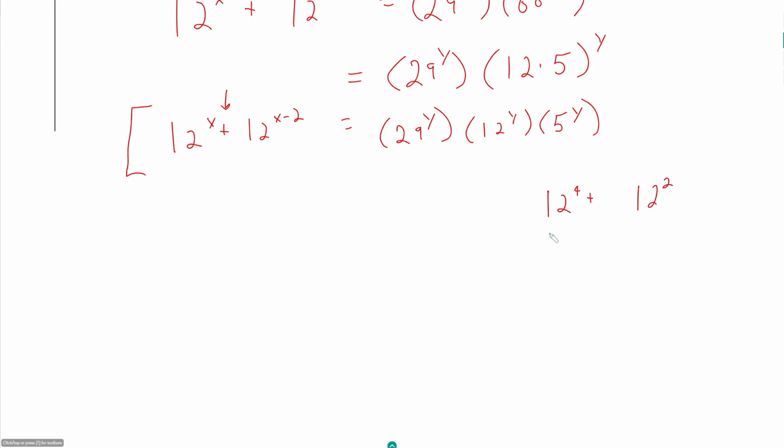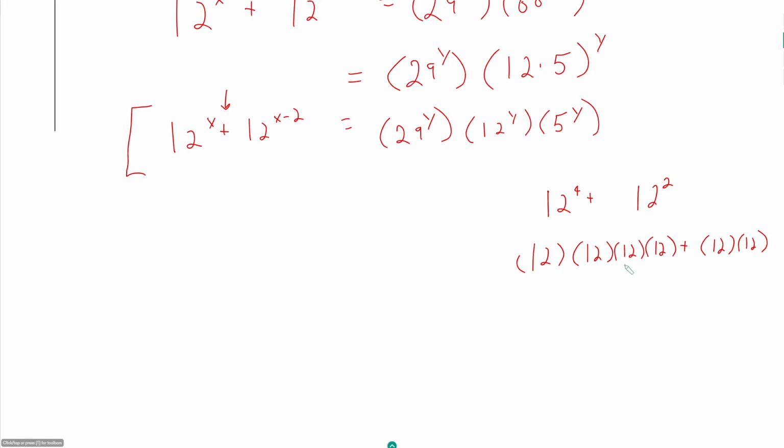So this, I can just rewrite 12 to the 4th as 12 times 12 times 12 times 12 plus 12 squared, which is just 12 times 12. So between these two terms here, I have two 12s.